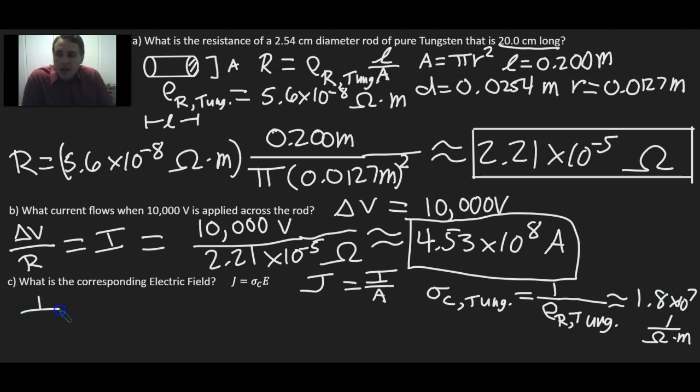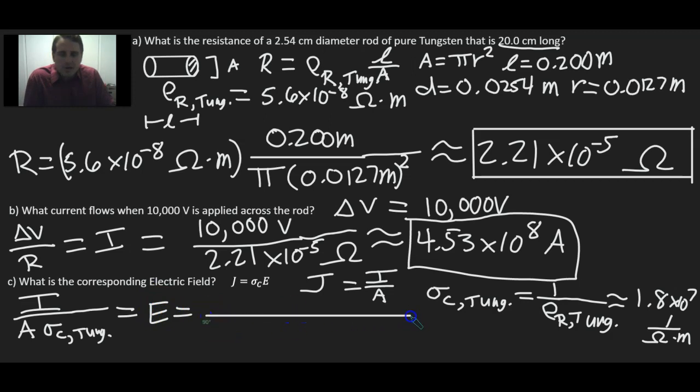So we can say I over A sigma C of the tungsten, that's not surface charge density, that's conductivity, is equal to electric field. So let's put the numbers in. By the way, this is the magnitude of electric field. We know electric field's a vector. It should point in the direction of the conventional current. But let's put those numbers in.